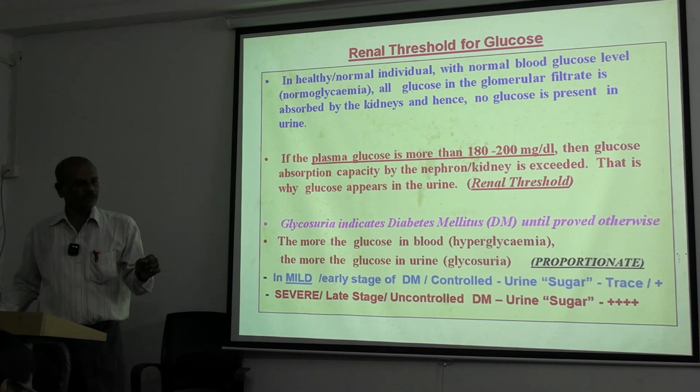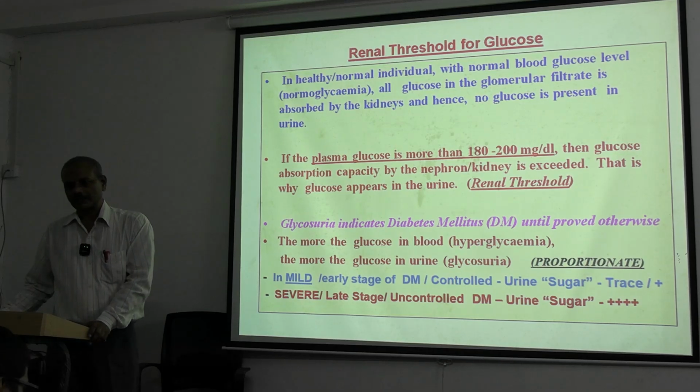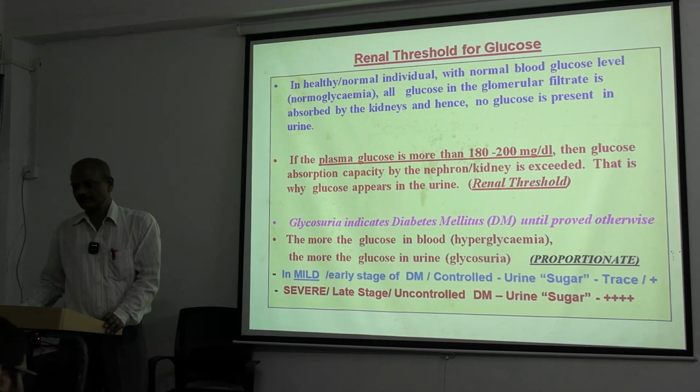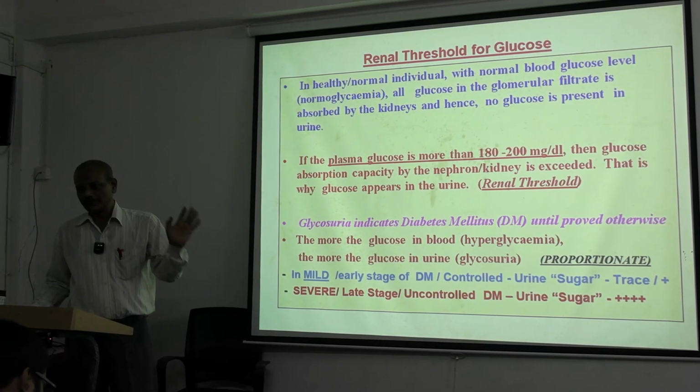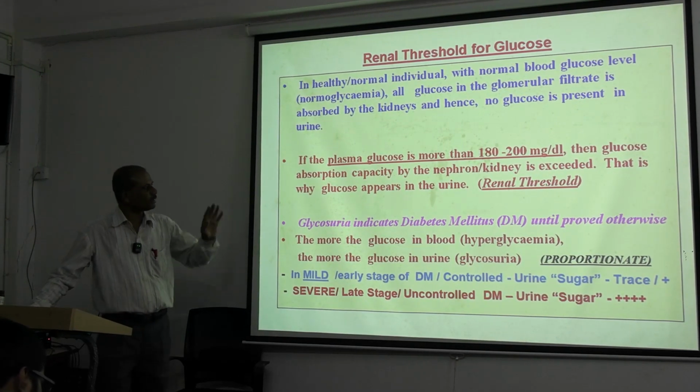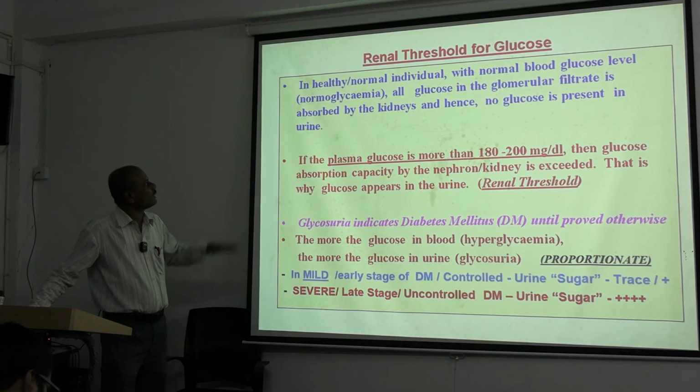So if anybody inquires anything, you refer to the class and say that sir has told it. It is from the latest edition of Harrison's medicine book. You remember this, because you will read this book. So plasma glucose more than 180 to 200.